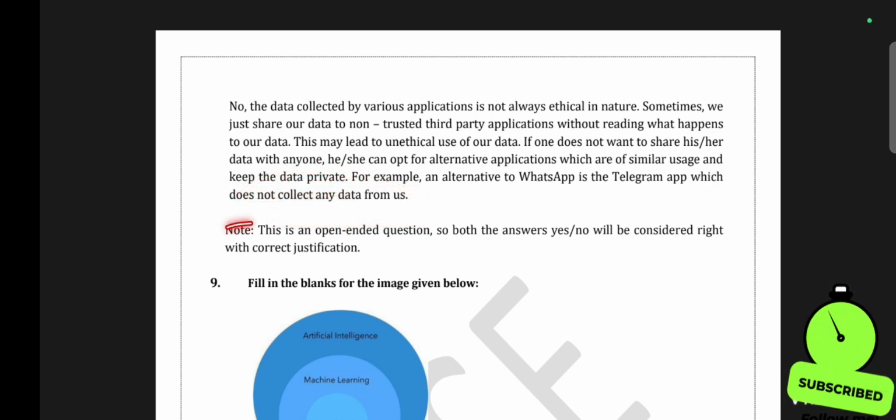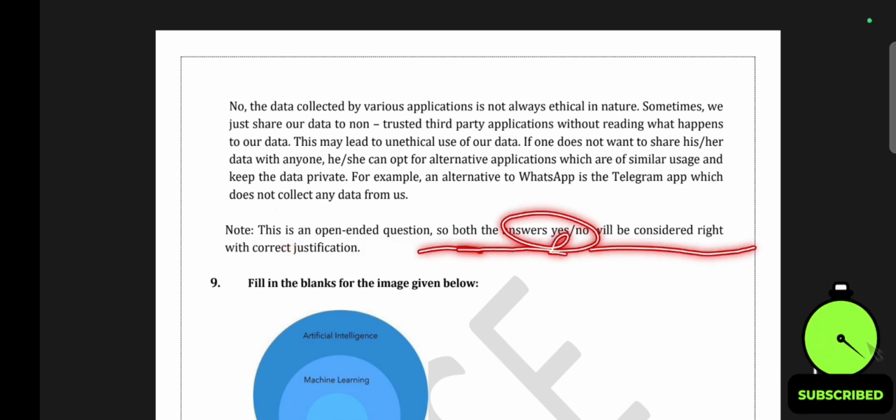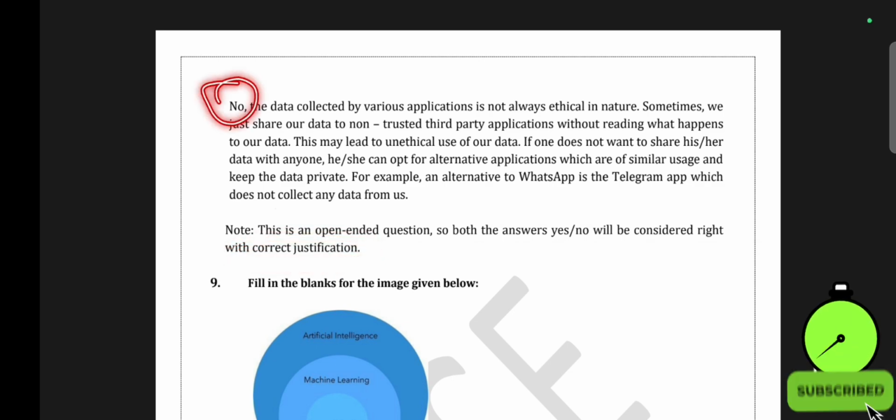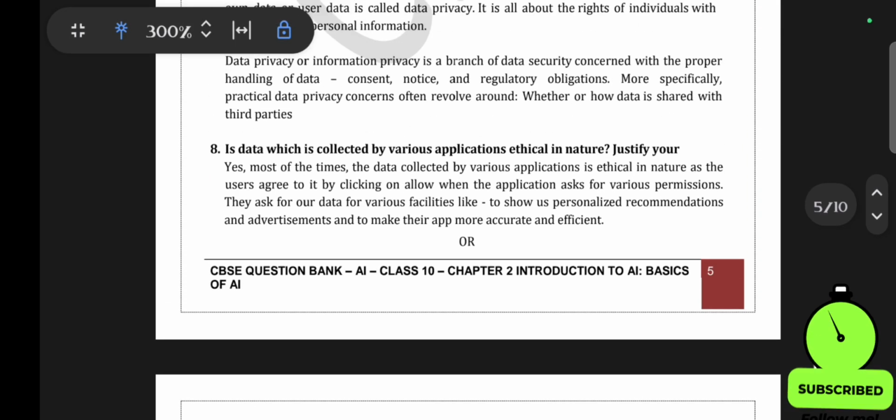Note, this is an open-ended question, so both the answer yes or no will be considered right with correct justification. Means if you go through no, you have to give the correct justification, and if you go through yes, then you have to give the correct justification.